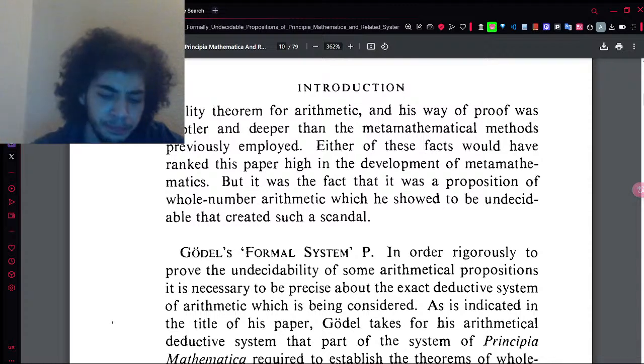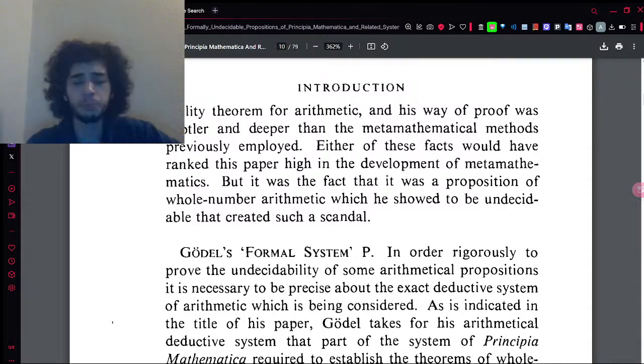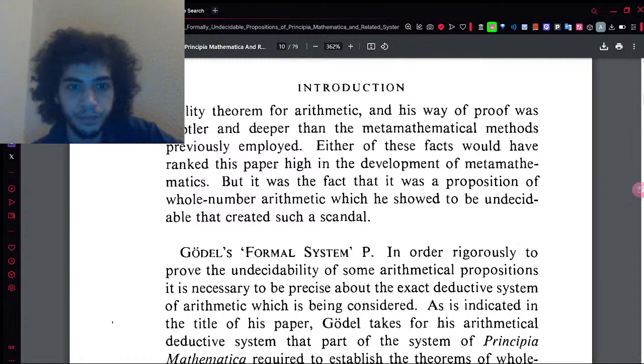So he basically made a much better proof than the metamathematical method, or a proof that is more accepted. I need to see whether metamathematics is considered mathematics.